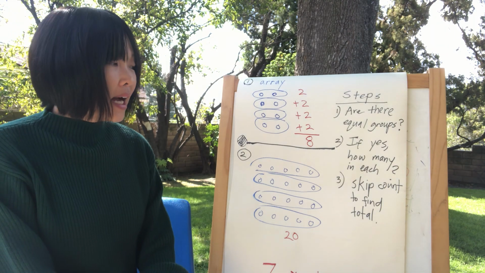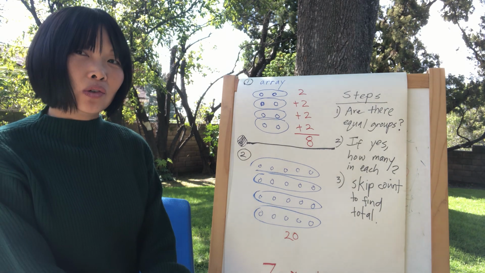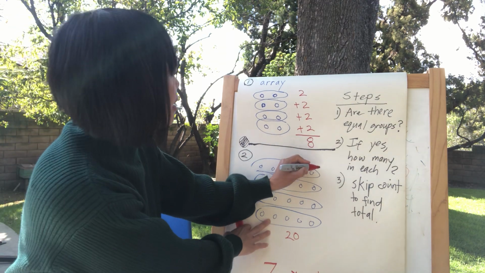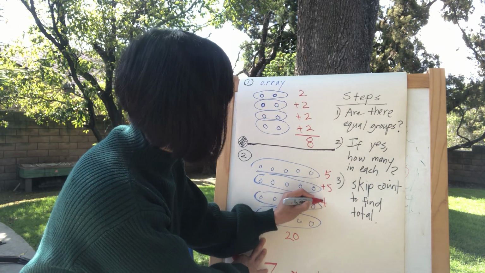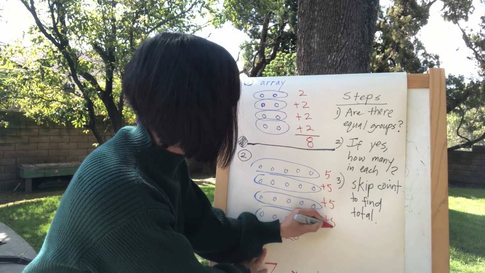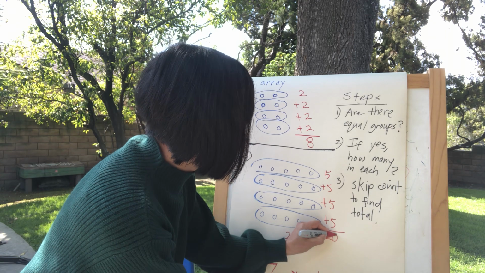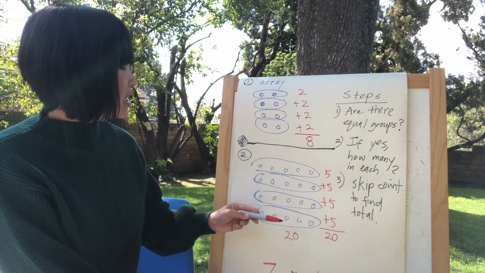Now, if we used repeated addition to find the total, and we did it with numbers, it would look like this. 5 plus 5 plus 5 plus 5, and the total is 20. 5, 10, 15, 20.